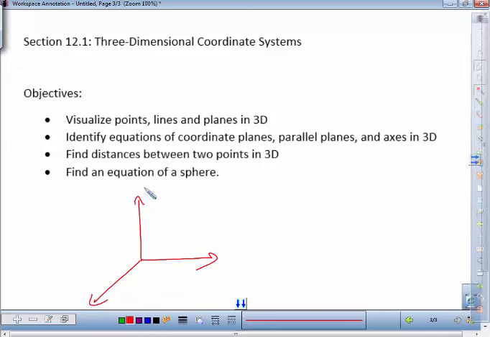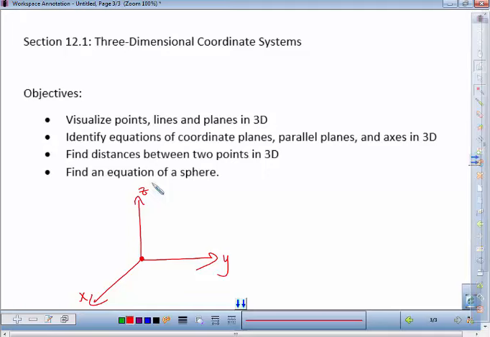I would draw 3 lines or 3 vectors or 3 arrows coming from the center point, which will be labeled as the origin, and then the axes will each be labeled X, Y, Z. Now, the X-axis, the Y-axis, and the Z-axis have to go in a specific order, and so when we label them, we have to make sure that we're labeling them correctly. If we mislabel one of them, then things are going to switch.